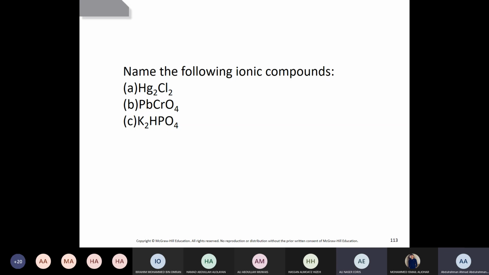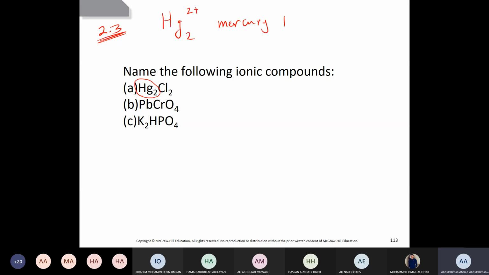Okay, name these compounds. Mercury 1 chloride. The first one here, Hg2, is a special group. Again, table 2.3, don't forget it. You must memorize table 2.3 very well. What's the name of this group from the table? Mercury 1.